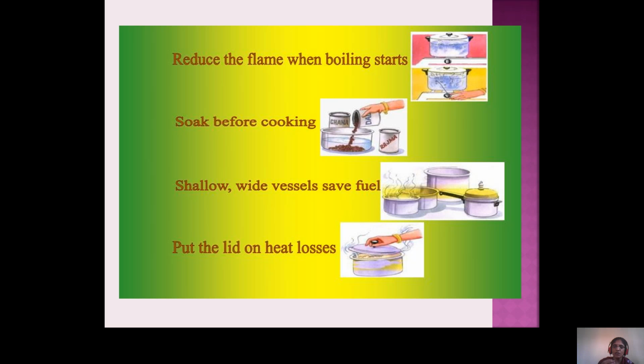Soak before cooking. Shallow wide vessels save fuel. The pictures are there, you can observe. And put the lid on to prevent heat loss.